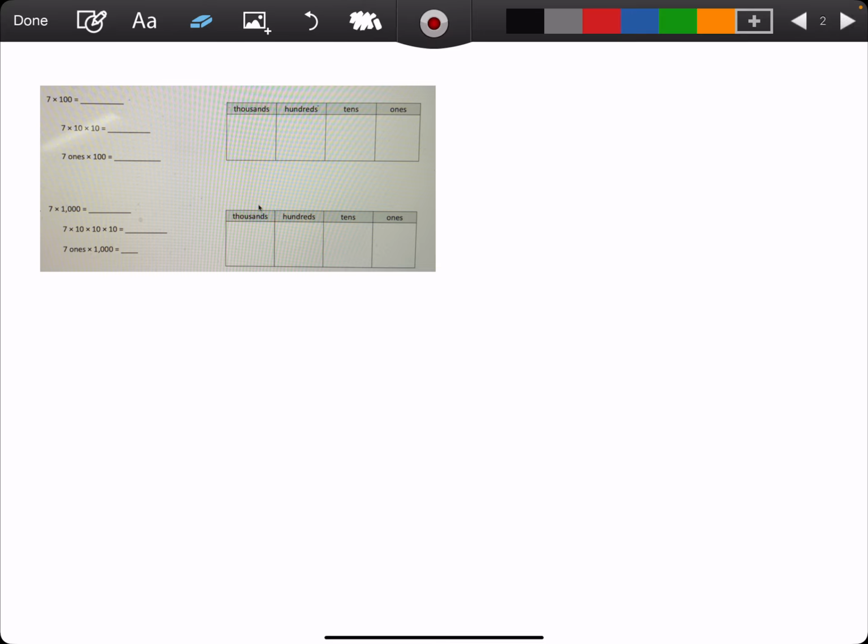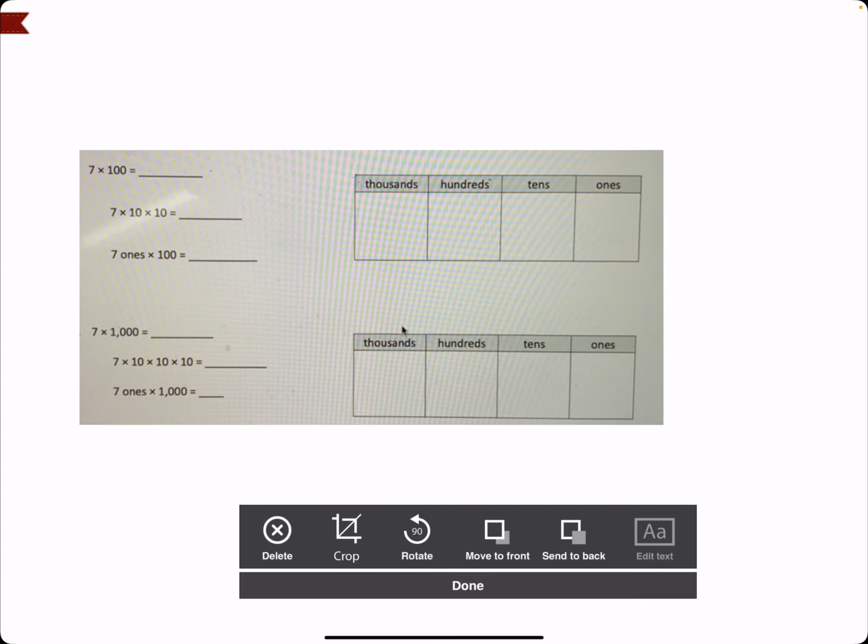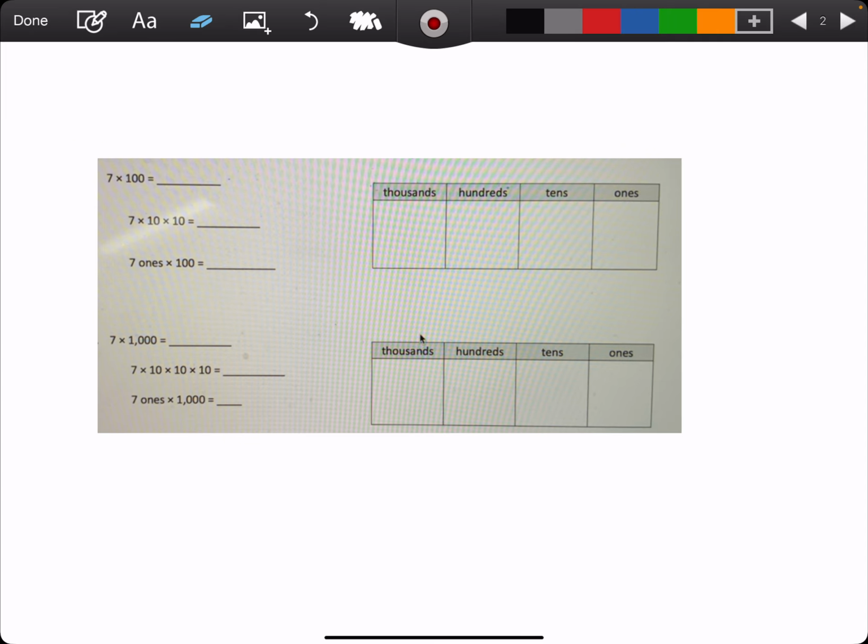I'm going to delete that. And now we have here, this is what we were working on. 7 times 100. We know that 100, we're breaking it down into 7 times 10 times 10.